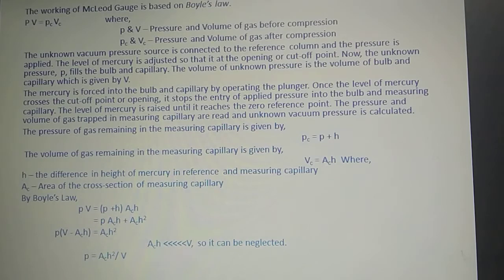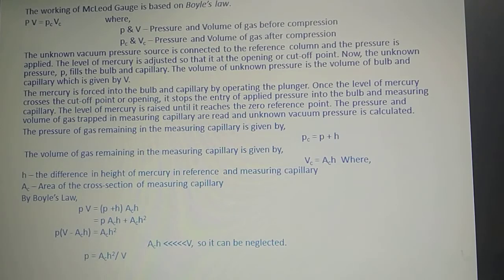The level of the mercury is adjusted so that at the opening or the cutoff point, the unknown pressure P applied on the mercury reservoir fills the bulb and the capillary. The volume of the unknown pressure is the volume of the bulb and the capillary, which is given by volume V. The mercury is forced into the bulb and the capillary by operating the plunger.